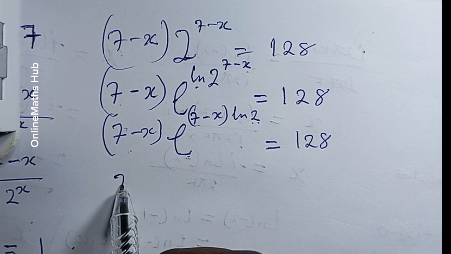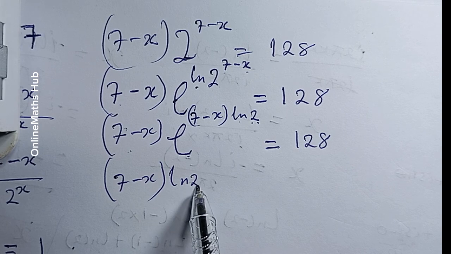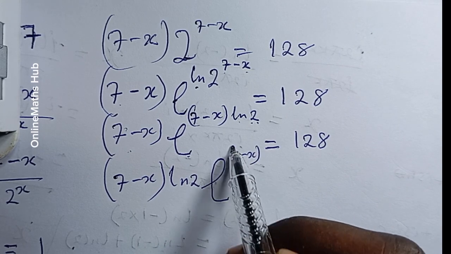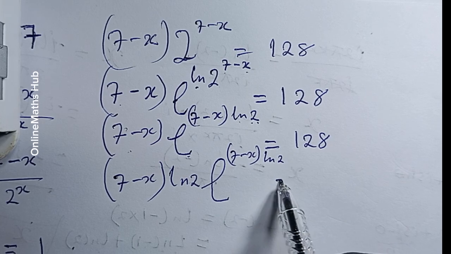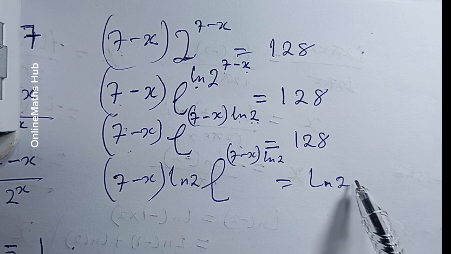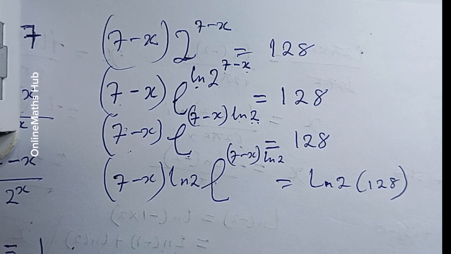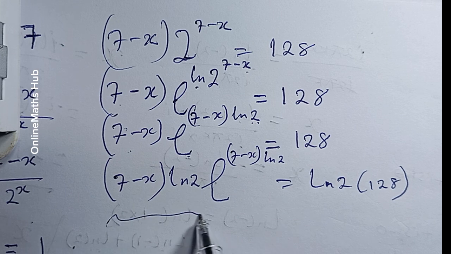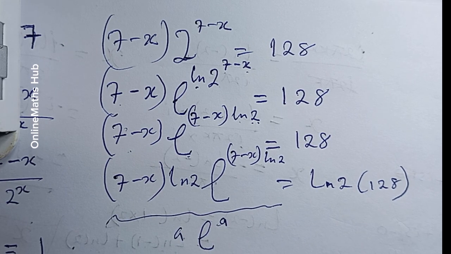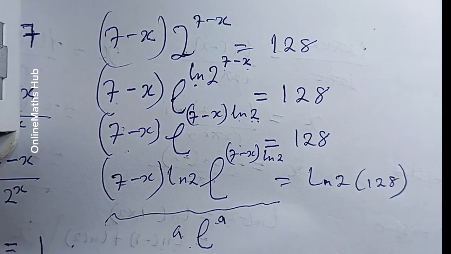So we're going to be having 7 minus x multiplied by natural log of 2, exponential 7 minus x, natural log of 2, is equal to the natural log of 2 multiplied by 128. Okay, so you can see that we have gotten this side as a exponential a, where our a is 7 minus x multiplied by the natural log of 2.